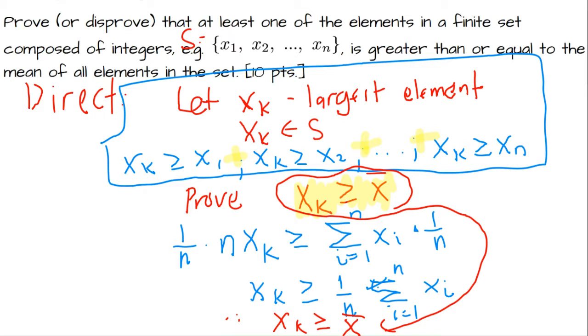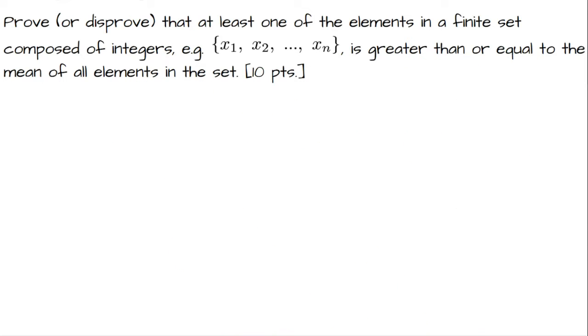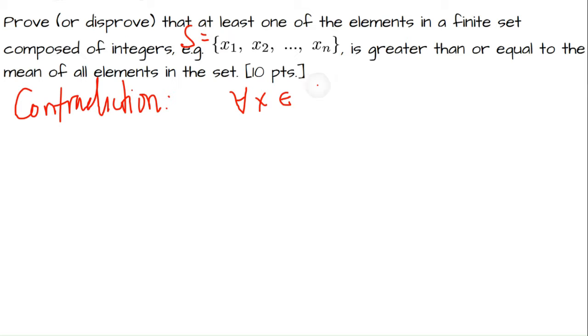Another way of going around this problem is by contradiction. If we're going to come up with a contradiction, we must assume the negation of the statement. That means for all elements x of the set S, you have the property that x is less than the mean.